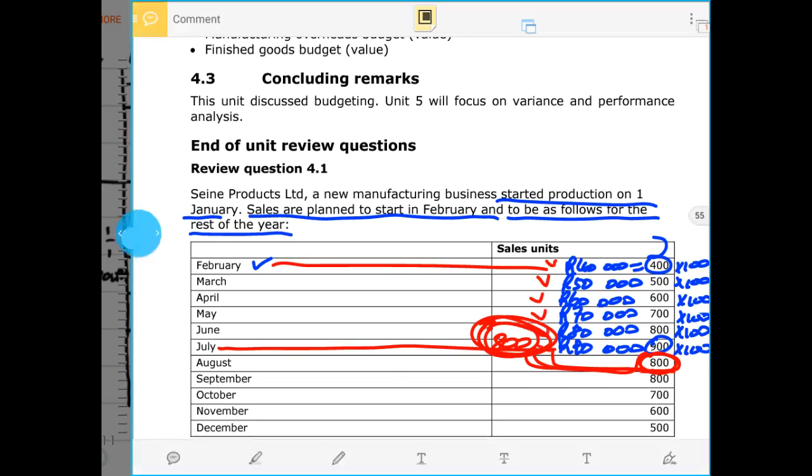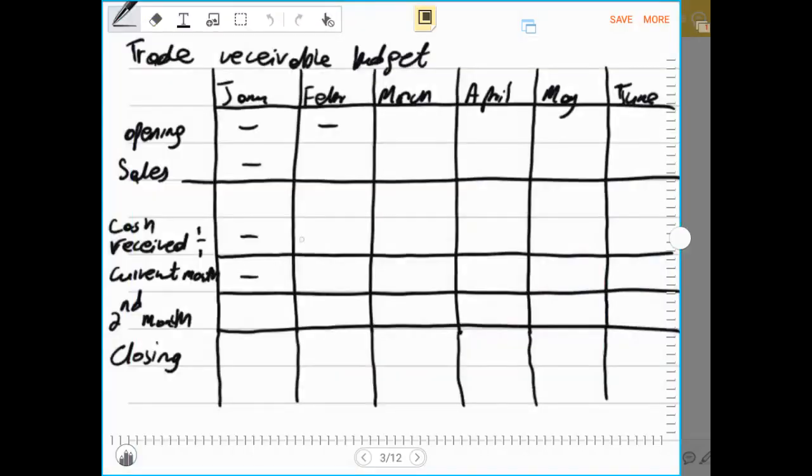So now let me record all those amounts in their respective months. February we have 40,000 rands. March we have 50,000 rands. April 60,000 rands. May 70,000 rands. June 80,000 rands. We don't do July. So now we have recorded all those.